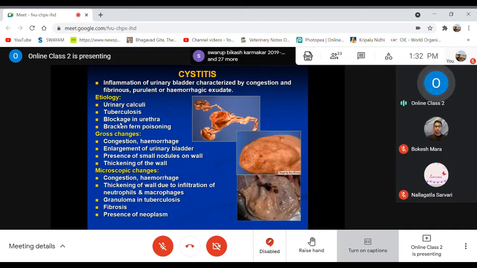Okay, and microscopically, of course, the vessels supplying blood to the urinary bladder may be congested, may show some hemorrhages, and thickening of the wall may be due to the inflammatory reaction, by the presence of inflammatory cells like neutrophils or macrophages.